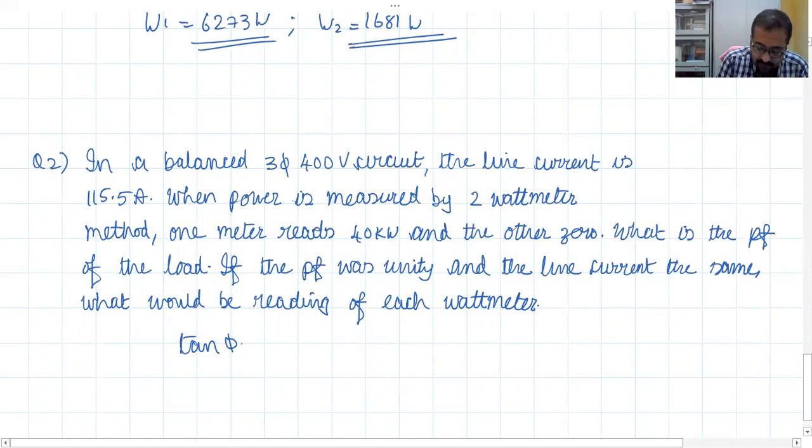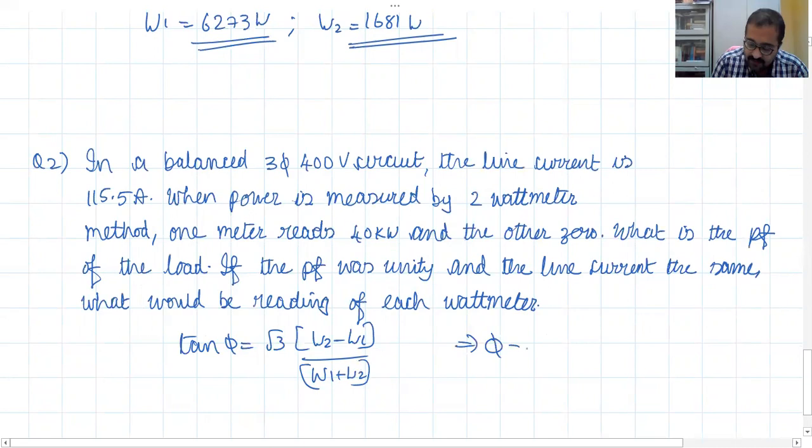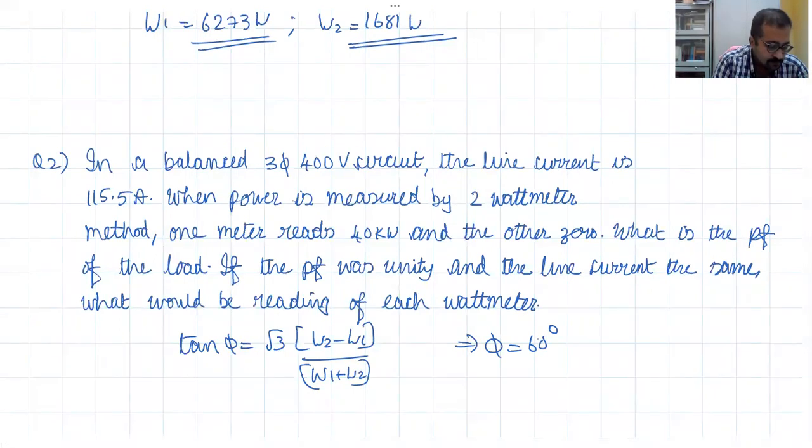Tan phi is root 3 times (W2 minus W1) by (W1 plus W2). You can substitute here also and find. So the power factor angle must be 60 degree.